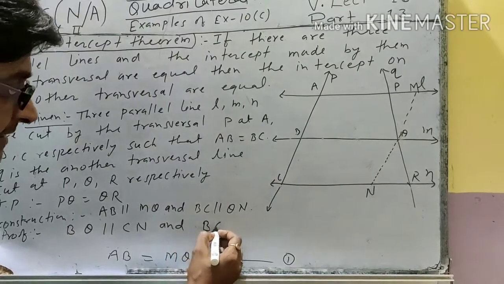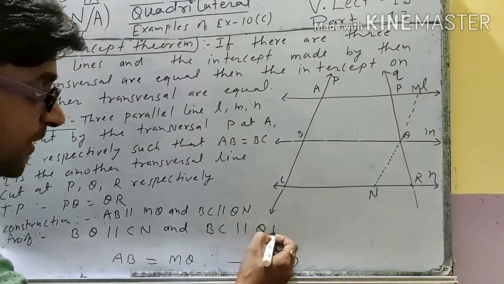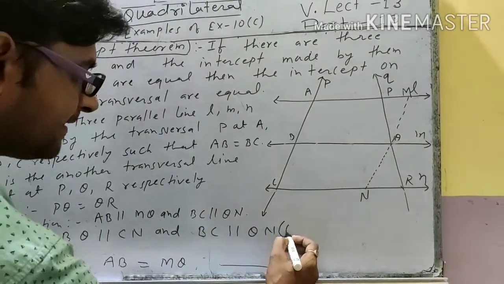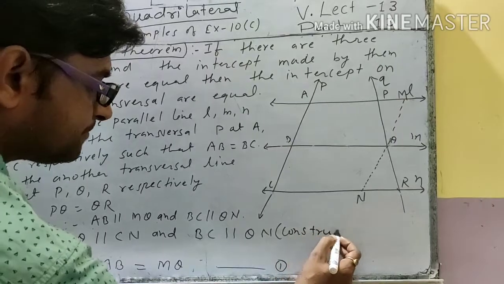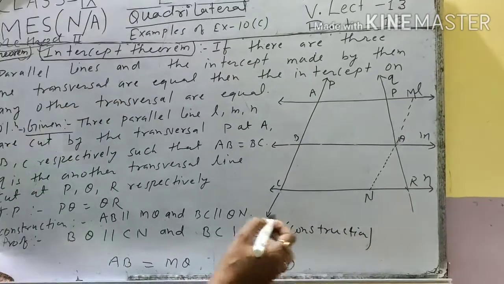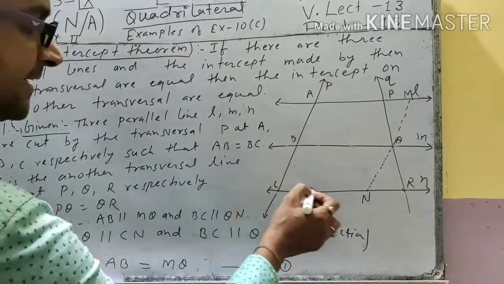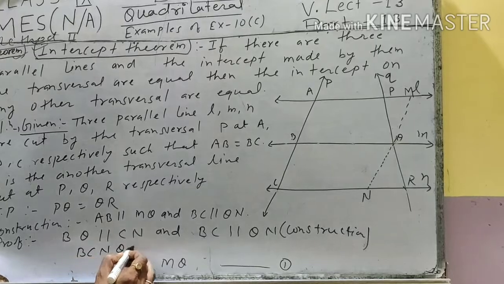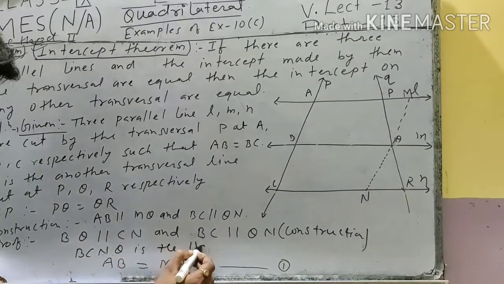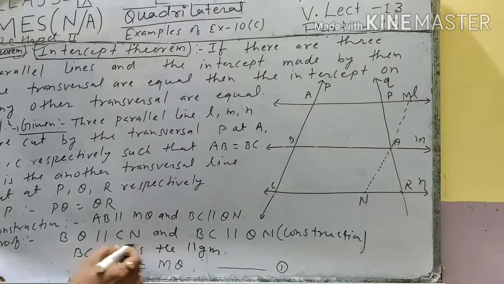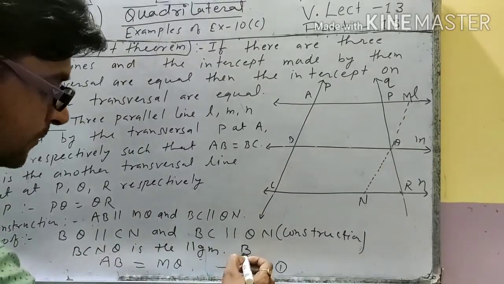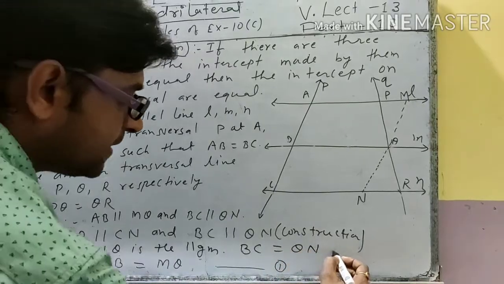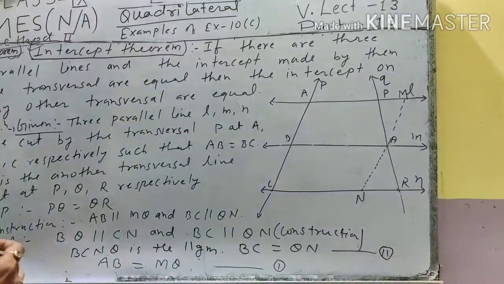And BC is parallel to QN by construction. So, student, we can say here BQNC is a parallelogram. That means we can say here BC is equal to QN. This is equation second, student.